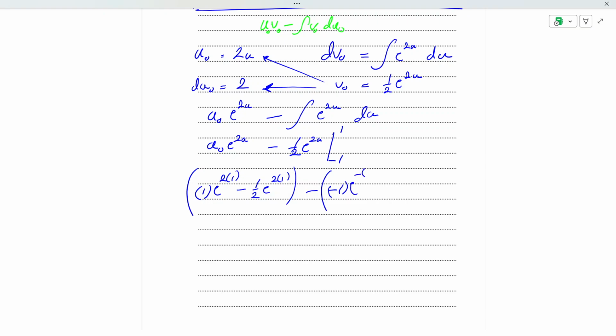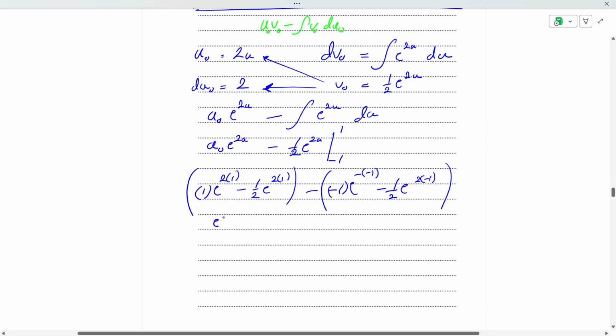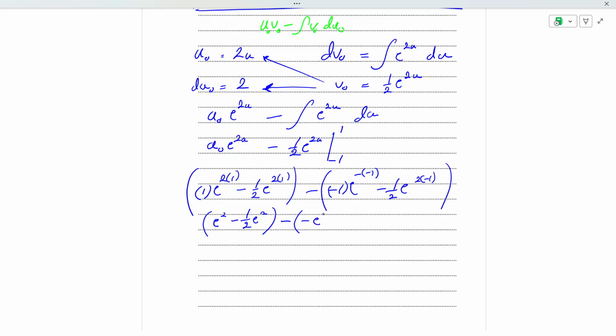In this case, e to the -2, bracket minus half e to the -2. When you do that, you have e squared minus half e squared minus the bracket of -2 minus half e to the -2.